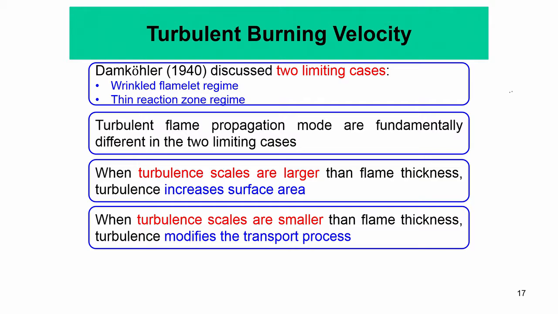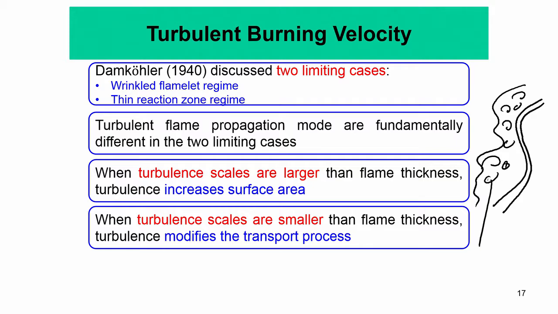So, in the preheat zone structure, if this is the distorted preheat zone, the distorted flame shape, in the thin reaction zone regime like this, let me just draw it. So, this is the preheat zone structure, where now you have eddies of different sizes distorting it. These eddies can create turbulent diffusion inside the flame structure.